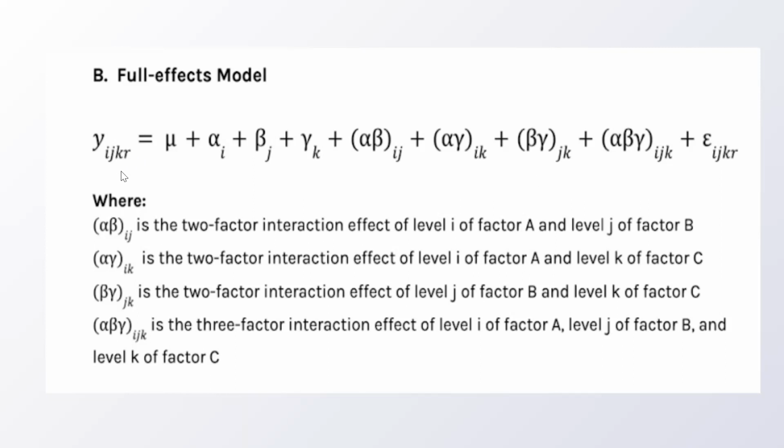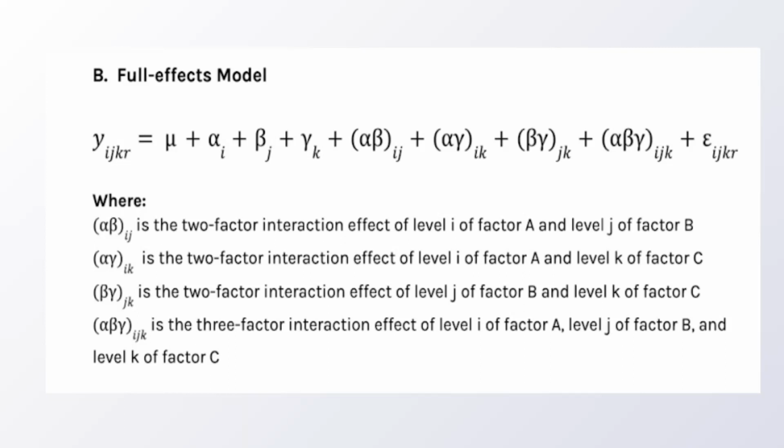And the y sub ijkr is equal to mu plus, mu ba dapat tawag ko dito? Hindi naman siya mean eh. So, basta mu, kasi yung symbol. So, mu plus alpha sub i plus beta sub j, sorry, pause po, plus gamma sub k.